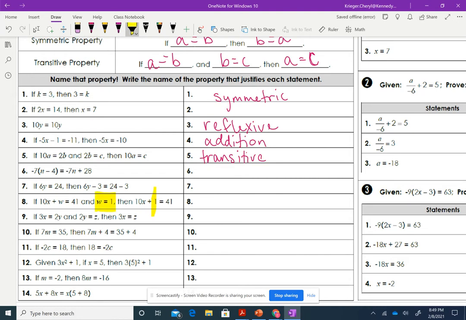They substituted 1 for w, right? So that's the substitution property. Okay, I'm going to leave it at that. You guys can do the rest. I'm quite sure of it.